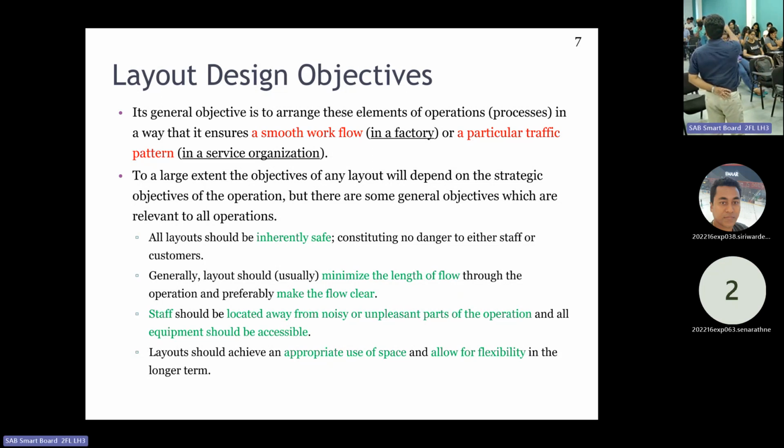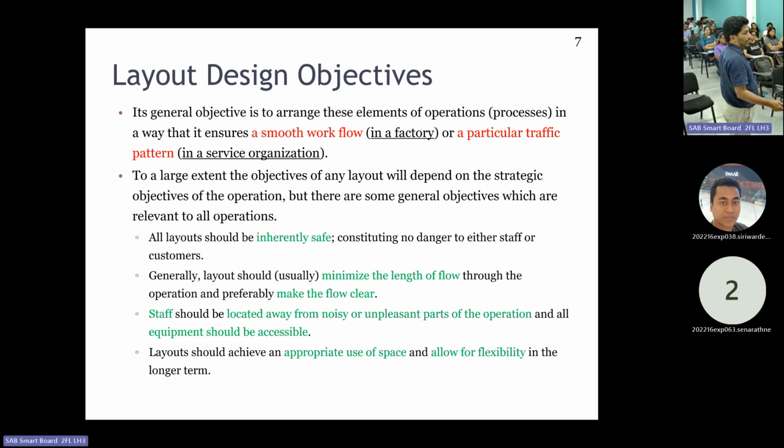How it moves, where it moves should be clear. Staff should be located away from noisy or unpleasant areas of the operations, machines, departments. And all equipment should be accessible at the same time, so that we can utilize them.